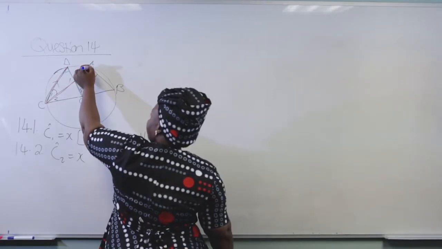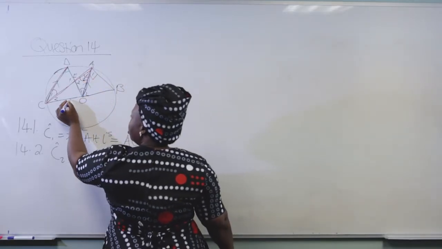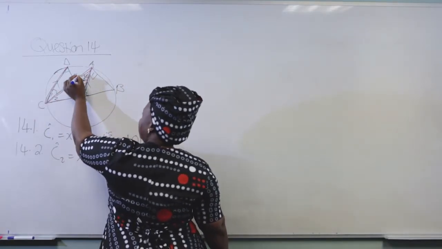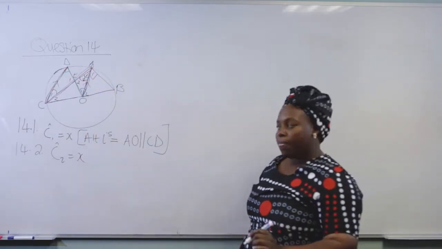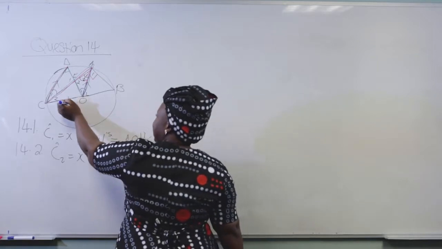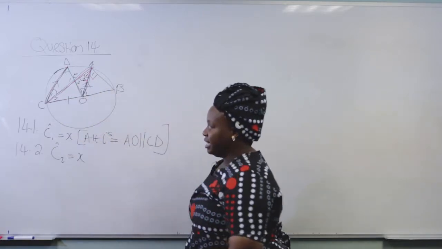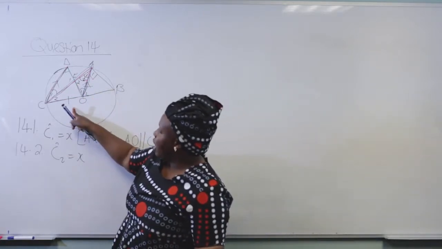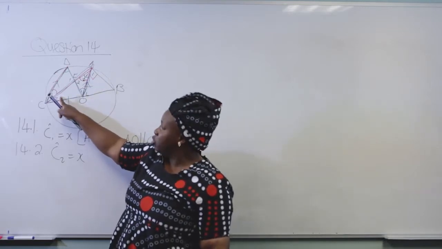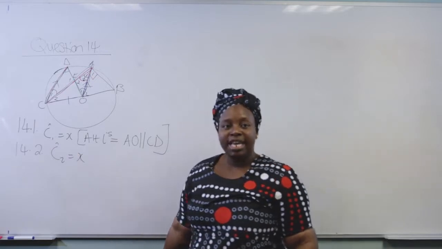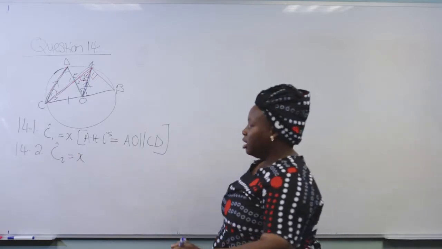This is the triangle from A to O to C, and close it. Can you see that CO is equal to AO? Because these are the radii. This line is equal to that line. If these two lines are equal, they are opposite the angles that are going to be equal as well. So C2 is equal to X because it's the angles opposite equal sides.